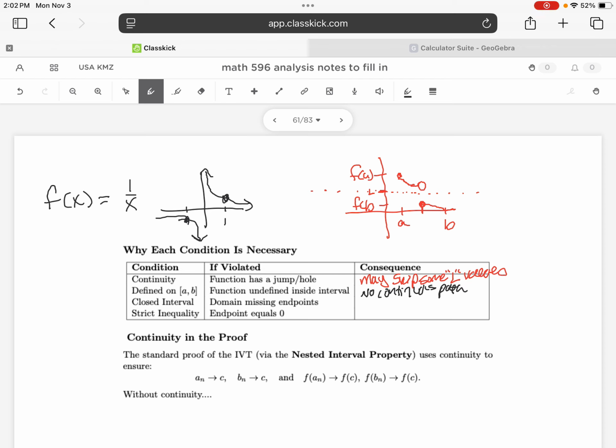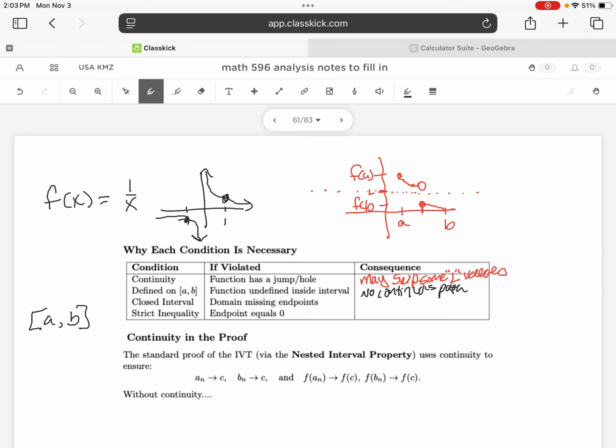The fact that we require a closed interval, so the fact that we want the interval from A to B to be a closed interval is important, because if it's not actually defined at the endpoints, then you're not necessarily going to be able to choose an L in between them when it's not defined at the endpoints.